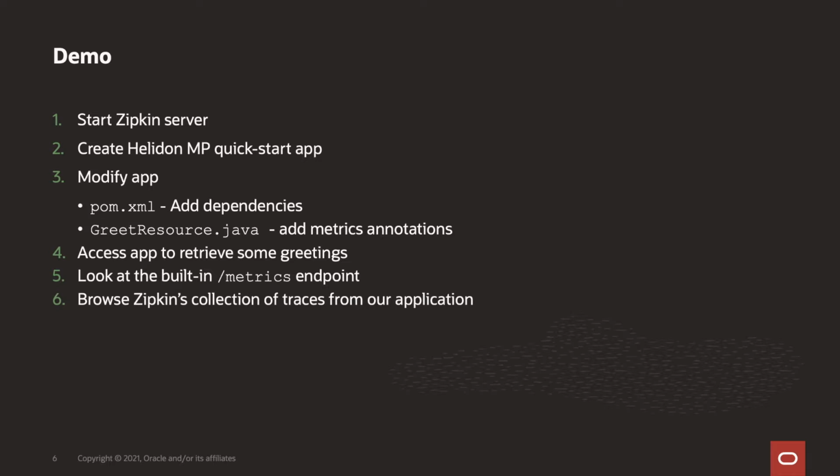We'll add some dependencies to the POM, and we will add metrics annotations to a couple of the endpoints in the generated application. Then we'll access the app to retrieve some greetings. We will retrieve the metrics from our server, and then we'll browse Zipkin's collection of the traces which our application sent to the Zipkin server, and we will be able to match up the traces in the Zipkin user interface with the metrics that were reported from our server.